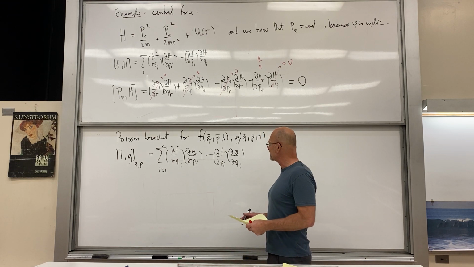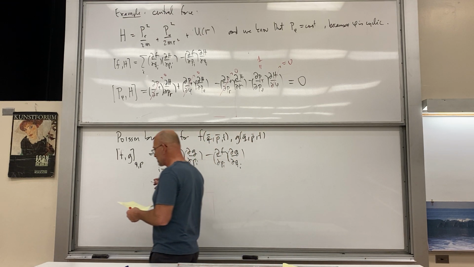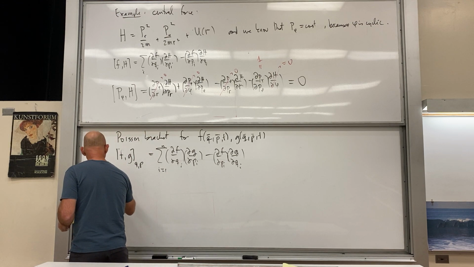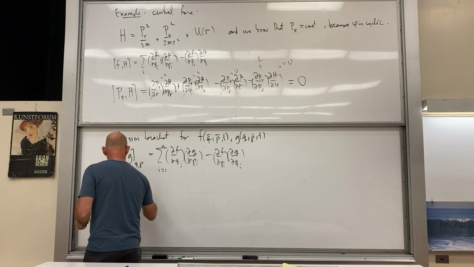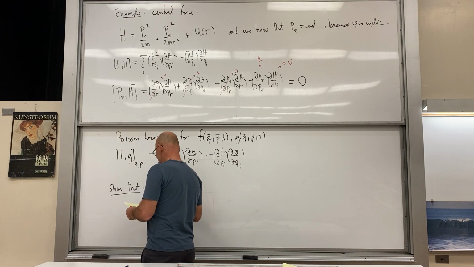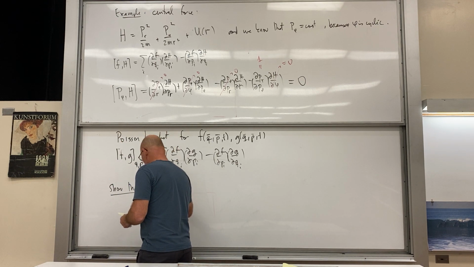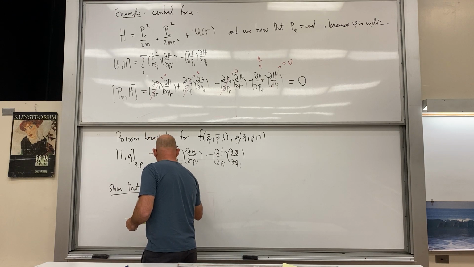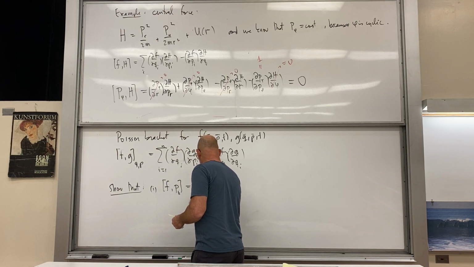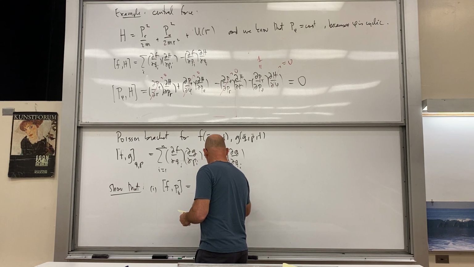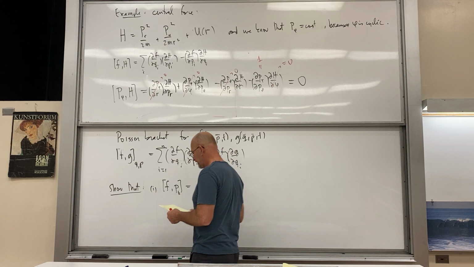Show that, one, the Poisson bracket of f with p_k is equal to df/dq_i delta_ik.